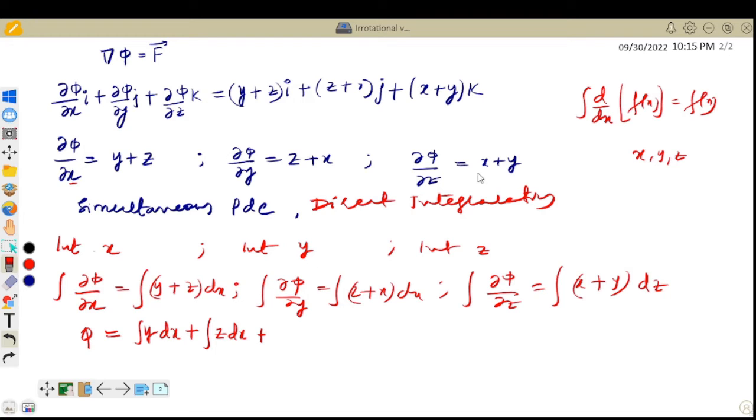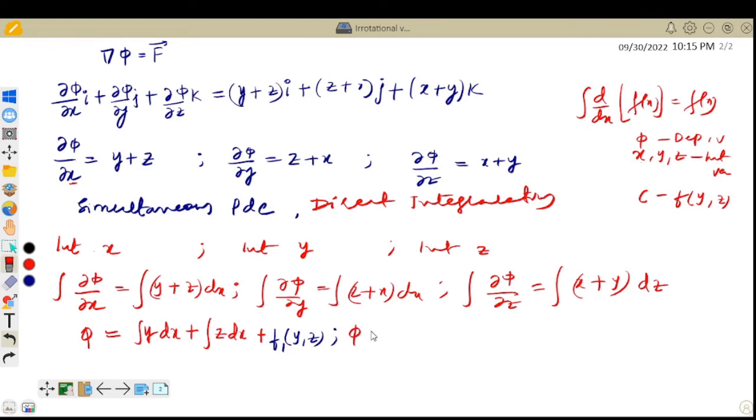So φ is the only dependent variable. So whenever you integrate with respect to x, add the arbitrary constant as a function of the remaining ones, y and z. So here we need to add f(y, z). This is very important, you should remember. Further, you can write it as f1.